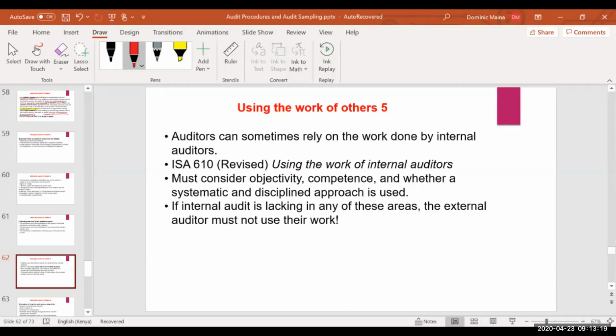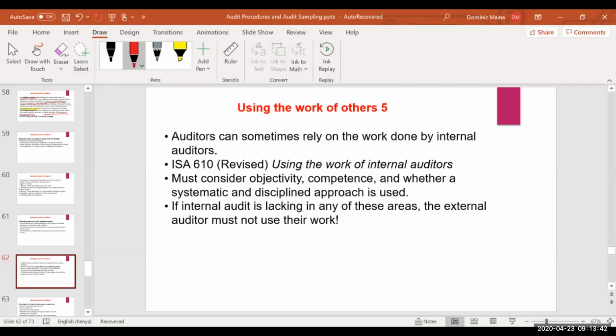Don't forget the internal auditor has more time with the client, so generally they may have a better opinion on how the internal control systems are working. I'm assuming that in this context they're going to be objective when giving the opinion.